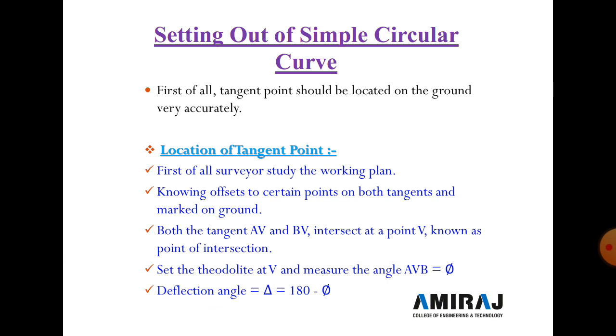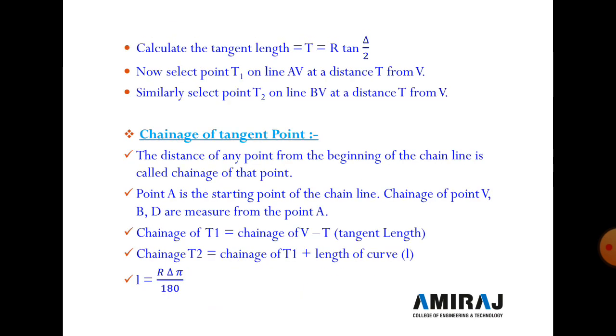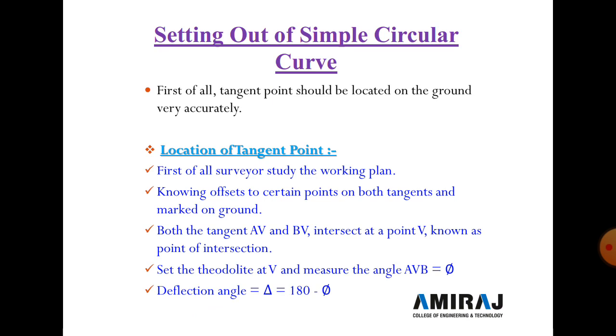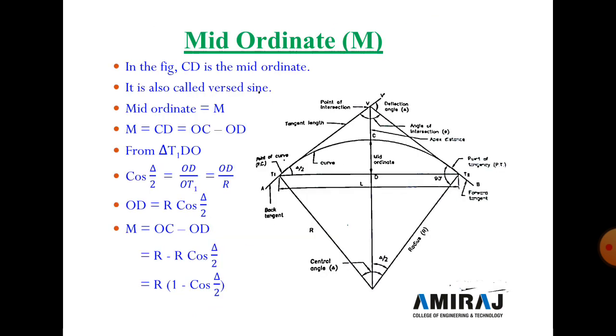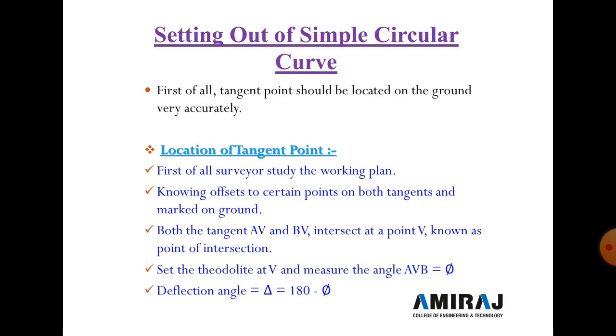Now both the tangents AV and BV intersect at the V point, known as the intersecting point. We have already seen this in the figure. So AV and BV intersect at point V, the intersecting point. Set up the theodolite at point V and measure the angle AVB.